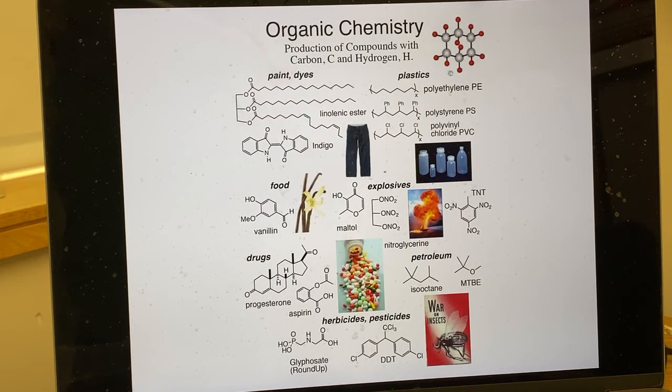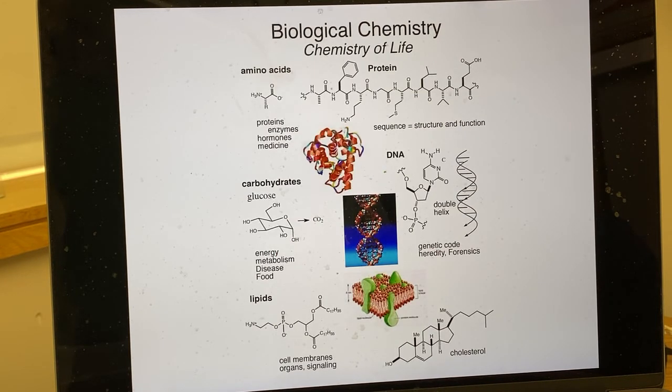So OChem is primarily organic compounds, different materials here, different applications that you can see relating to their structures, reactivity, and different applications in different areas of study there. Biological chemistry, the four main types of molecules. Well, five really if you count amino acids separately.